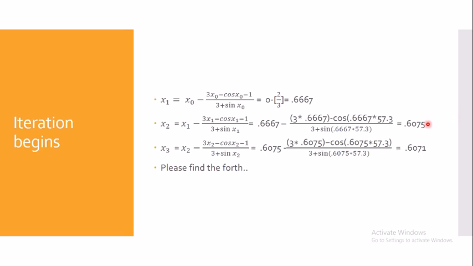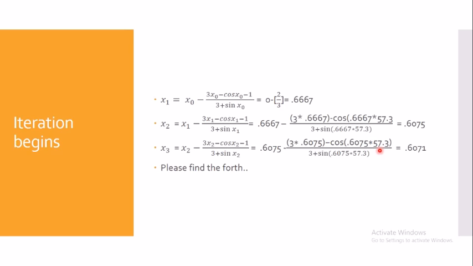Now go for the third iteration. Why do you have to go for the third iteration? Because when you compare x1 and x2, there is nothing much similar except for the first decimal place. So let's move on to the third iteration. I substitute the values of x2 wherever it is seen in the formula, and again you have to note that I am converting the radians into degrees.